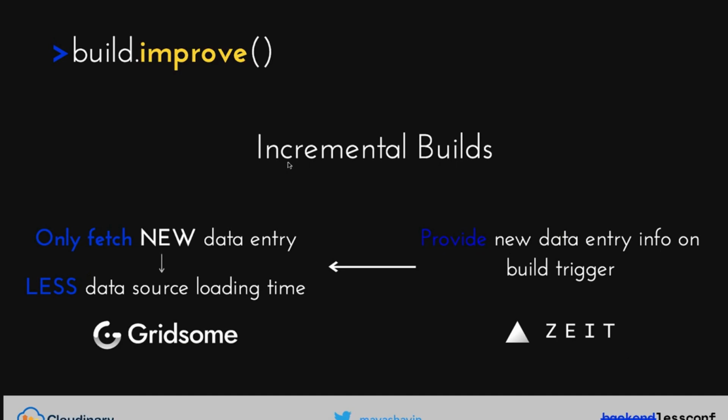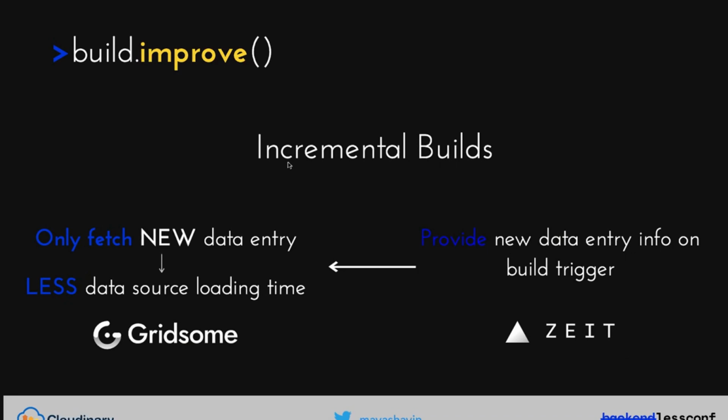One of the things that the platform can help with is that they can provide new data entry info on the build trigger. Anyway, the CMS will trigger the hook to Zeit or to any other platform, and Zeit will trigger the build on Gridsome. So why not just send the information needed through the hook?